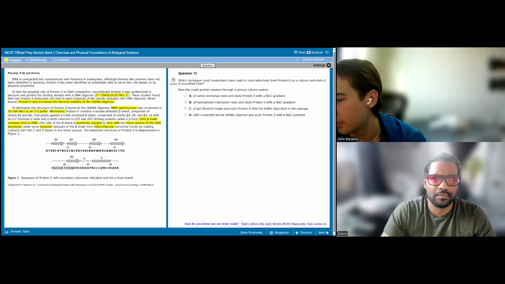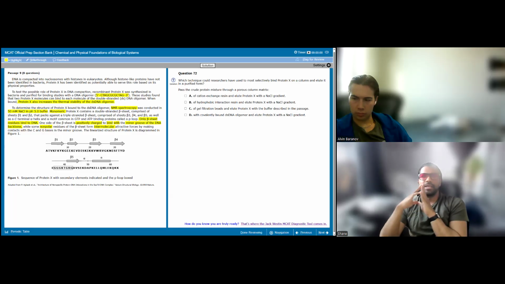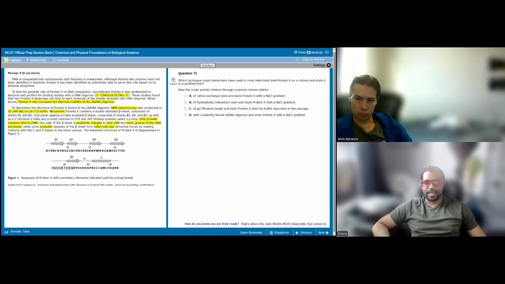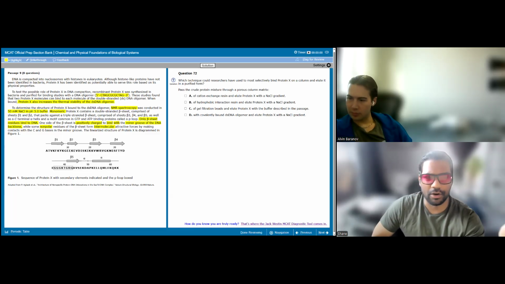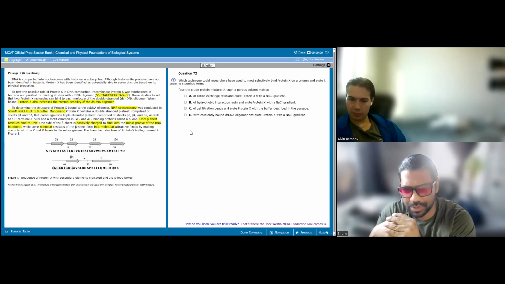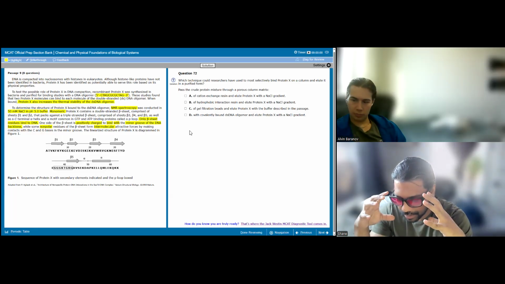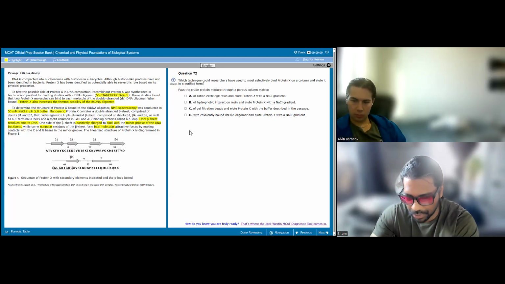This is next. Technique, selectively bind. So what does it mean selectively? Like affinity. Selectively means that if it's going to selectively bind protein X, it's going to bind protein X to the exception of others.